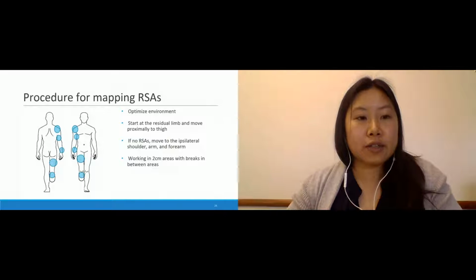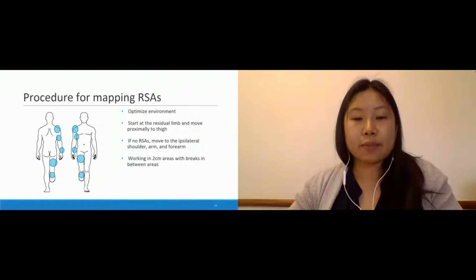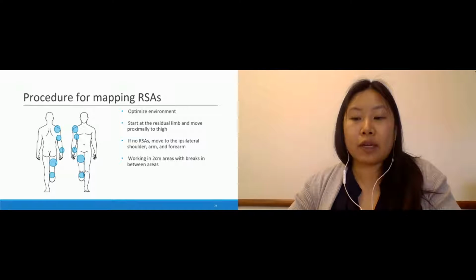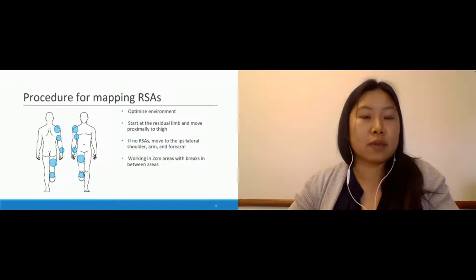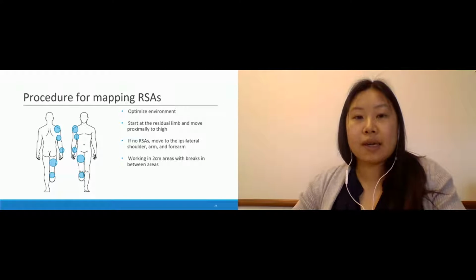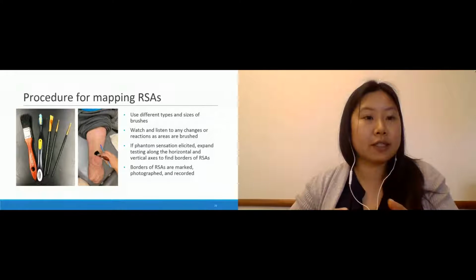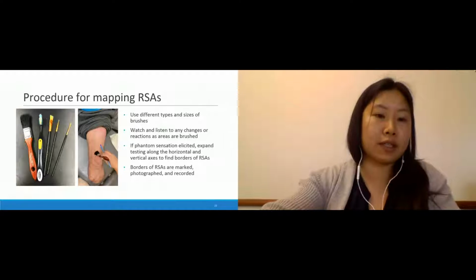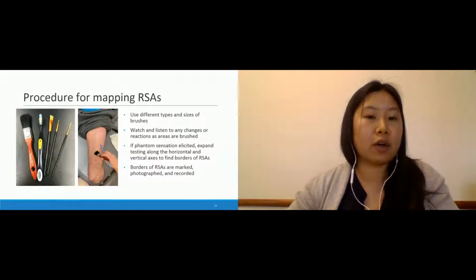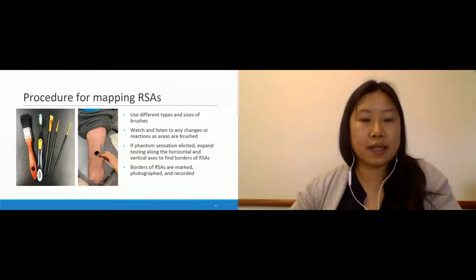We'll be working in 2 centimeter areas and ensuring that we have breaks in between moving from one area to the next so that we know that there's no crossover in terms of sensation when moving to a new testing area. In this testing process, we hope to use a variety of brushes and sizes of paint brushes. These brushes will be used to brush lightly over their skin in order to help elicit sensations.